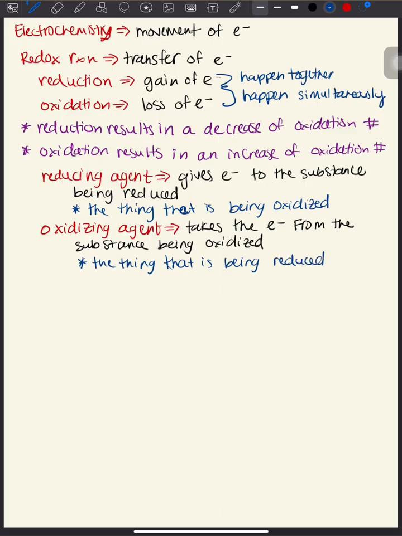So let's look at an example. When we look at the reaction between solid zinc and hydrochloric acid, we get zinc chloride plus hydrogen gas.